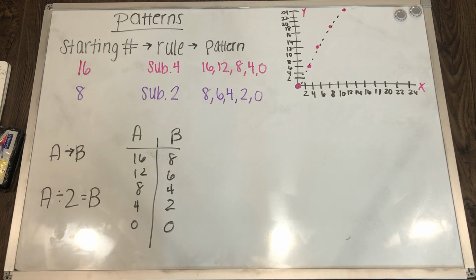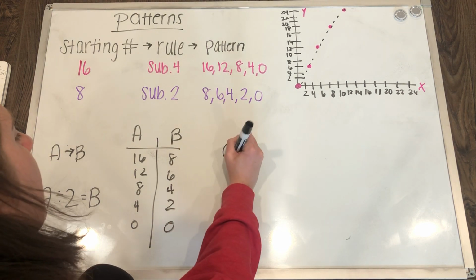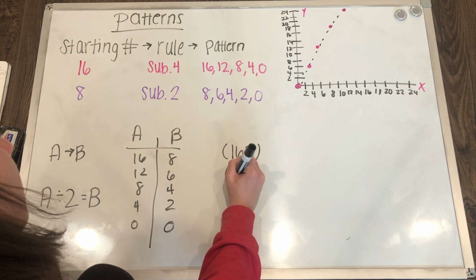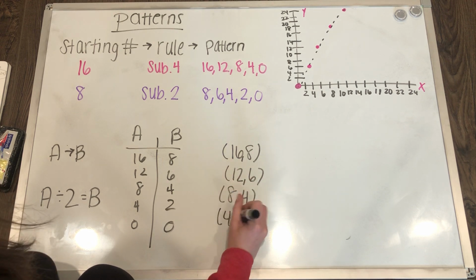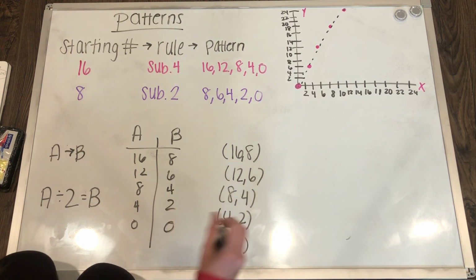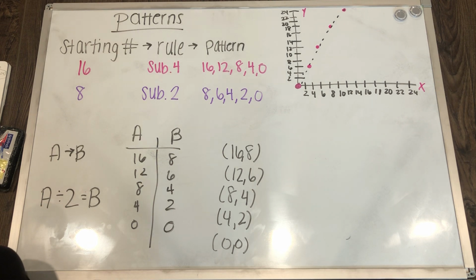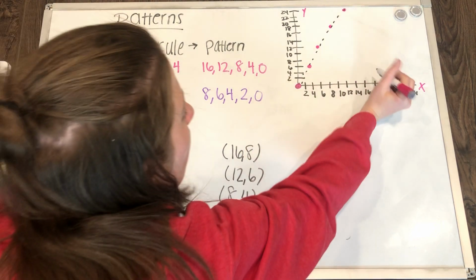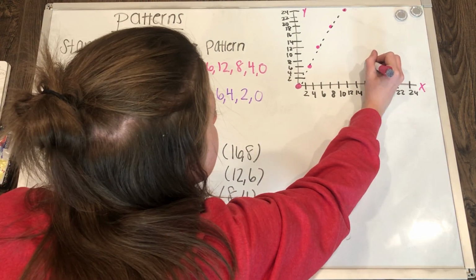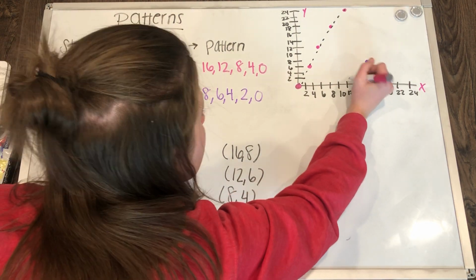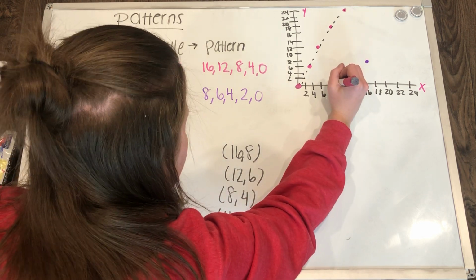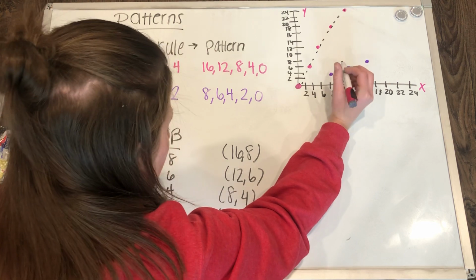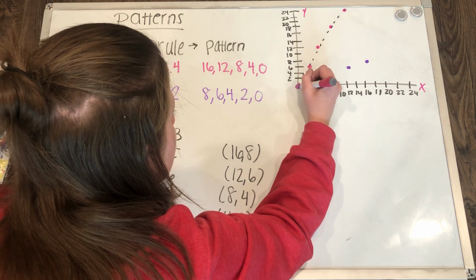Okay? So now let's make our ordered pairs again. So we have 16, 8, 12, 6, 8, 4, 4, 2, and 0, 0. Again, I see that origin in there. So now let's plot these points again. So we've got over 16 and up 8, over 12 and up 6, over 8 and up 4, over 4 and up 2, and then 0, 0.